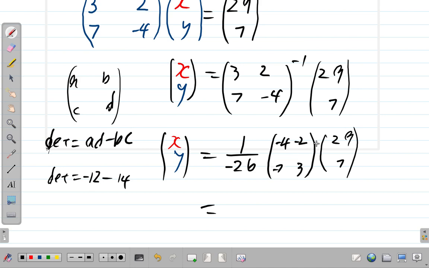Now, what we can do is just multiply these two matrices. So we have the 1 over negative 26 remaining in place. We have row by column, negative 4 by 29, negative 2 by 7.